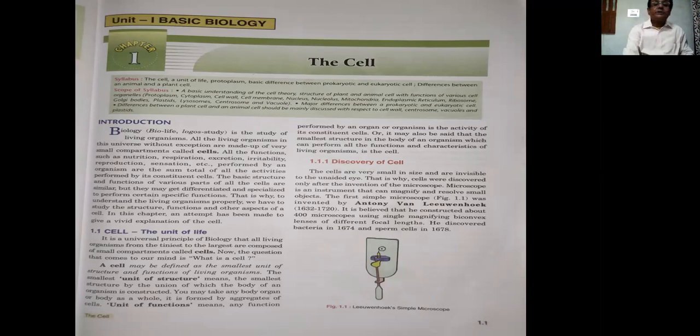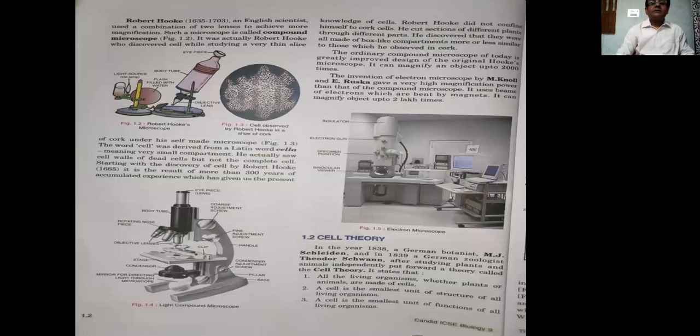After this, you see another slide, showing the different types of microscopes. The first is the self-made microscope by Robert Hooke. Second, the modern microscope.